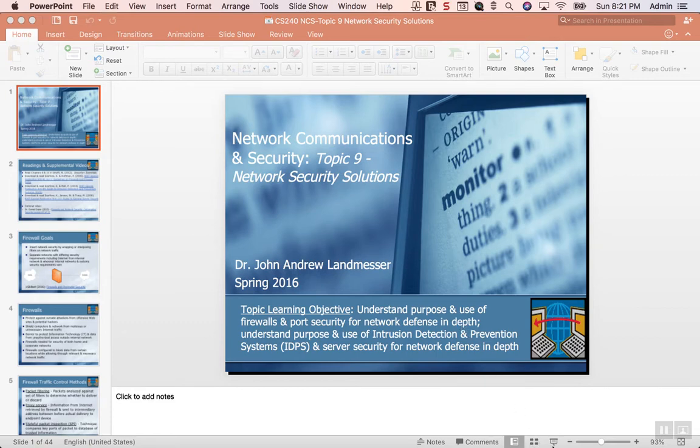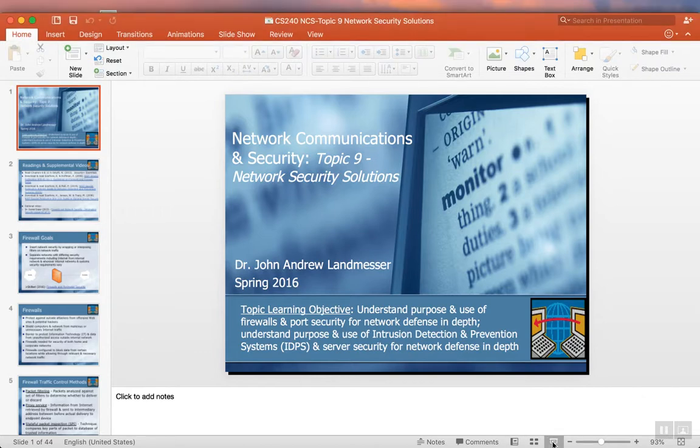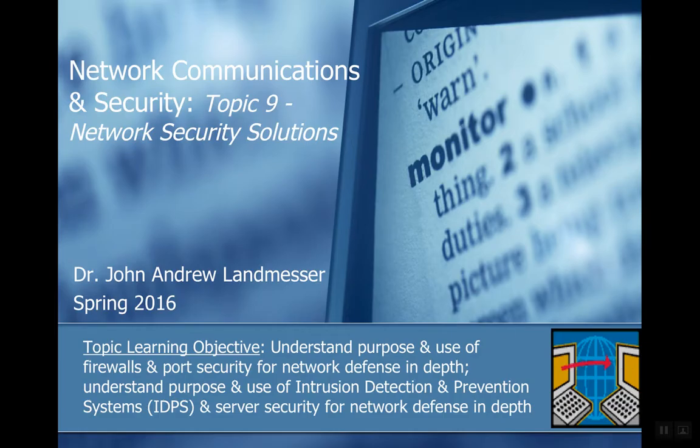Okay, so in topic 9 we're going to be talking about some concepts around network security solutions. Some of the stuff we've talked about, we're going to be talking about here, is something we've had some conversations about and seen earlier. We talked about firewalls, port security, and intrusion detection and prevention systems.